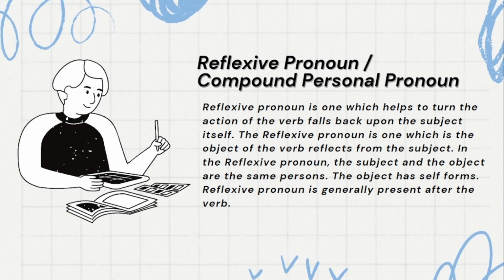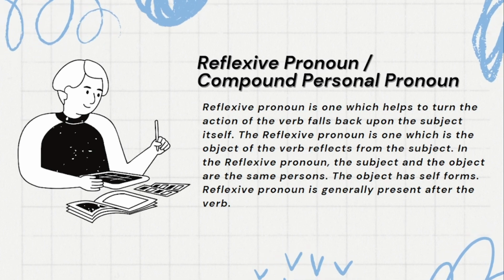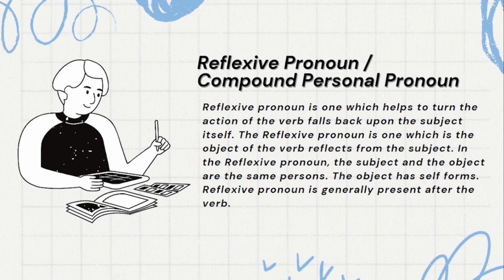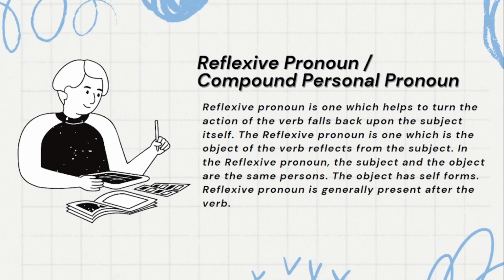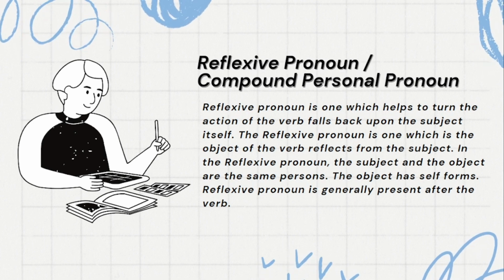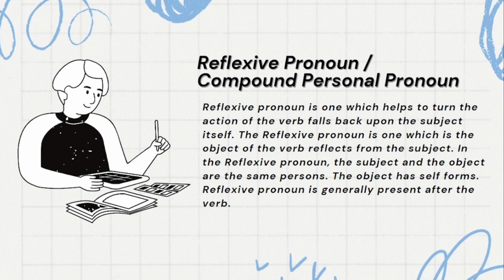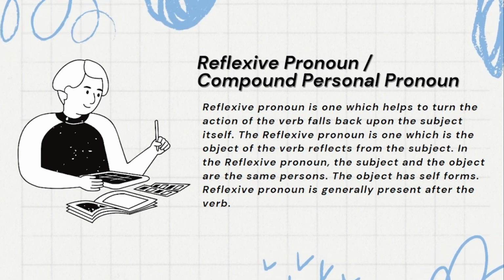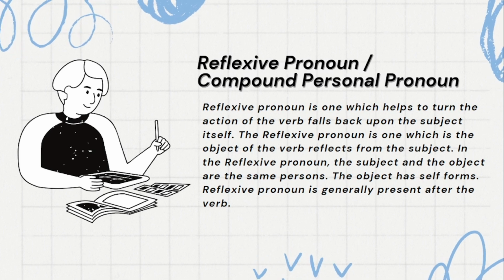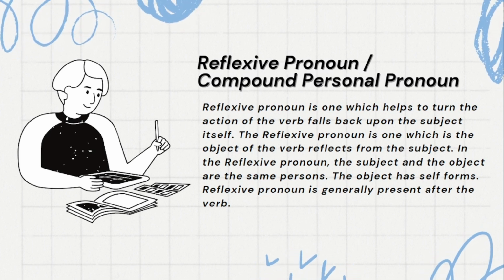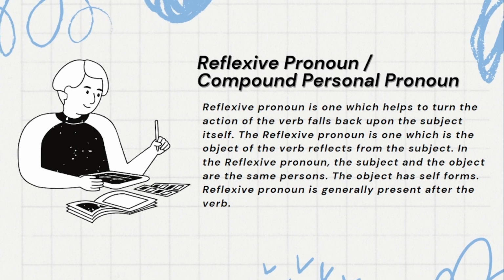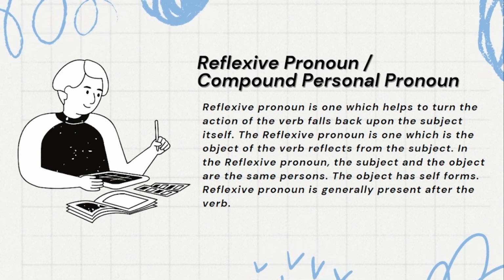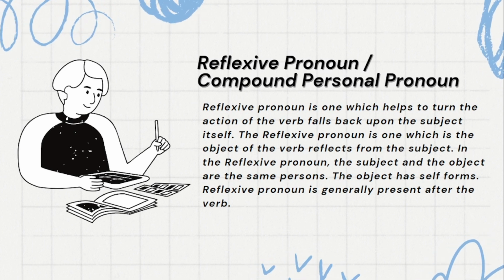It means the doer of the action and the receiver of the action are the same person. In the place of the receiver of the action, a reflexive pronoun is used. It means in the place of object, a reflexive pronoun is written. Object place means after the main verb.